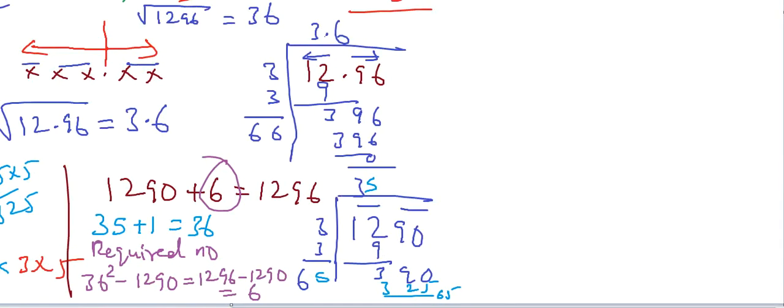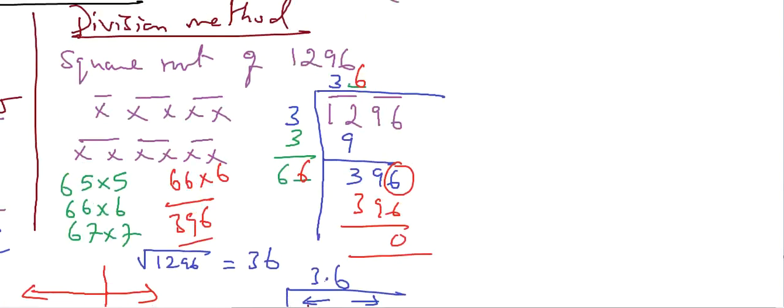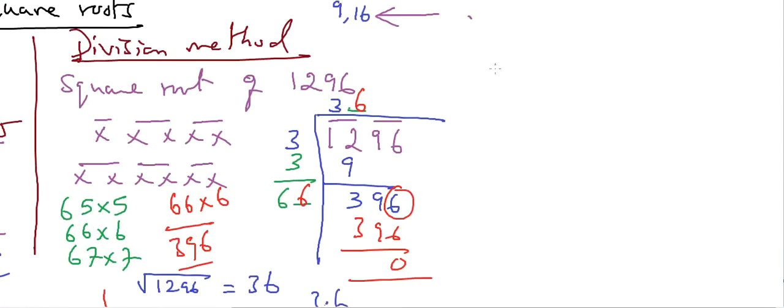Okay, suppose the question is what number should be subtracted. Let's take another number. Let's say 1302. So now the question is, what is the smallest number that must be subtracted from 1302 to make it a square number?